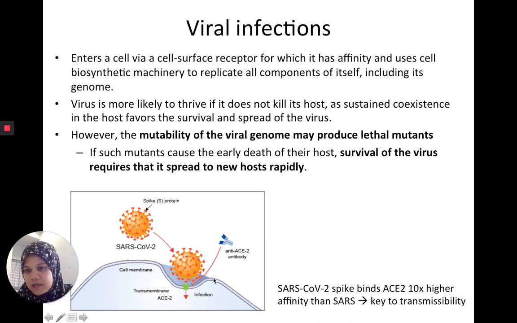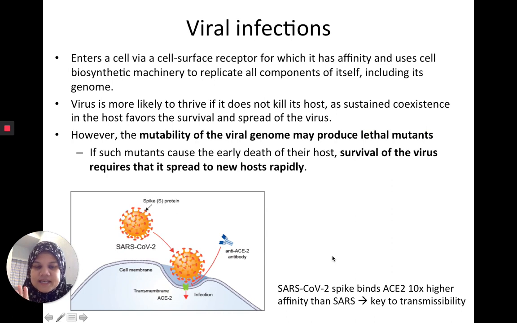Our type 2 alveolar cells. Because the spike recognizes these ACE2, it's able to bind and enter the lung cells, and then it gives us all those respiratory symptoms, like coughing and shortness of breath if it's quite severe.